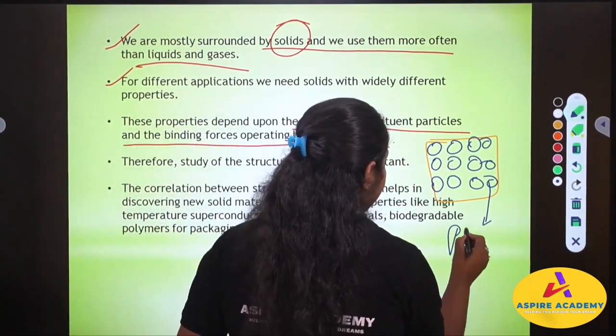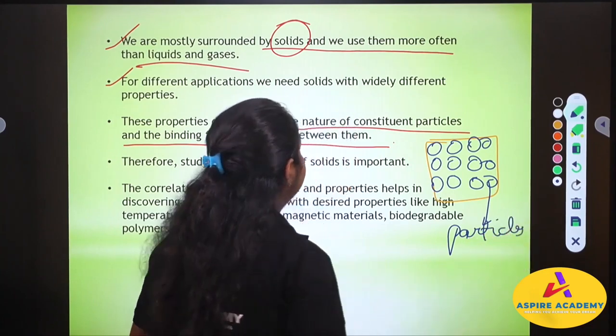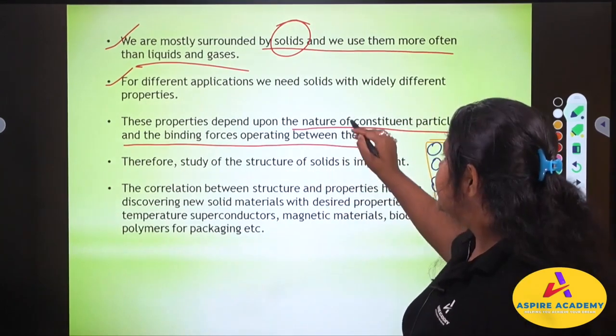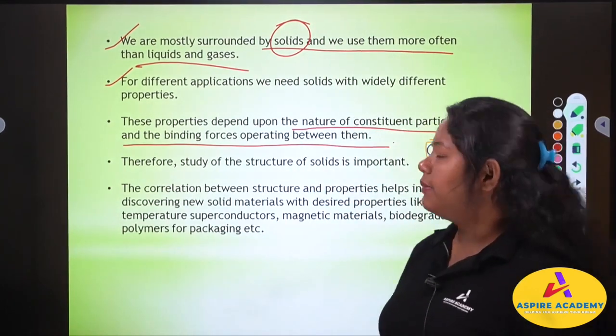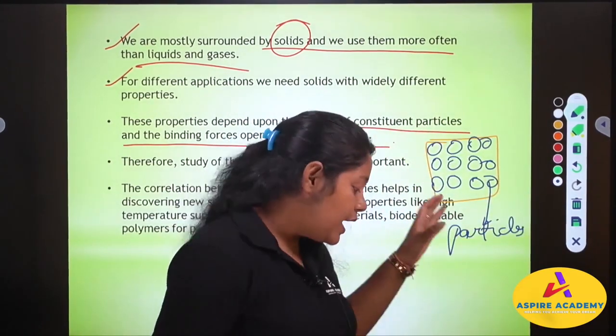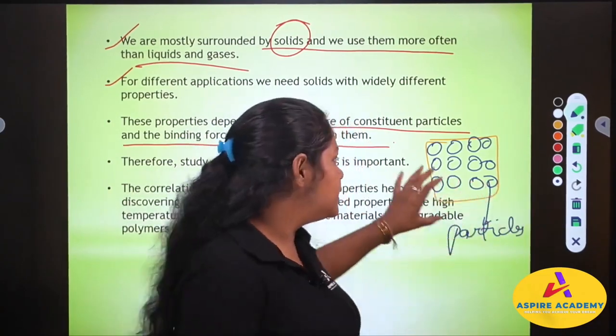These are the particles, right? So what is it saying? It is saying that the properties depend upon the nature of the constituent particles. Obviously, how these particles are arranged and how they are behaving, everything about the solid depends on this.